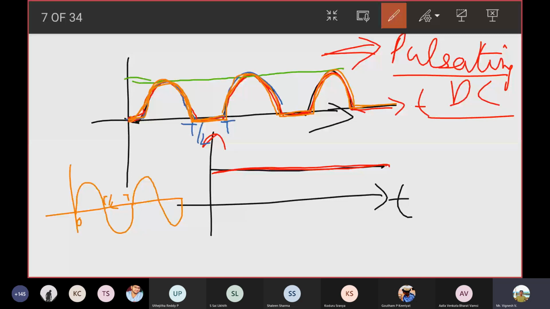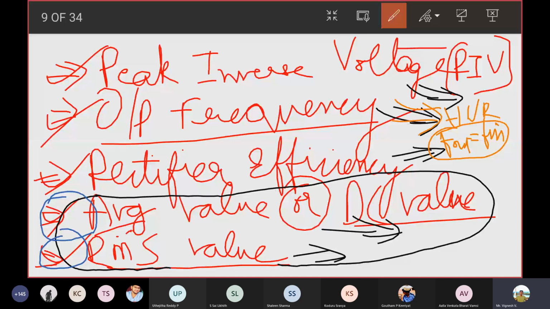Now it is important to calculate the average value and the RMS value of the half wave rectifier output. Let us do that.